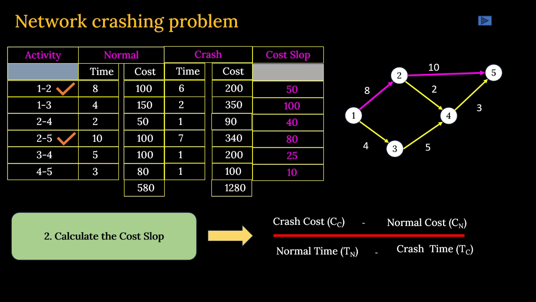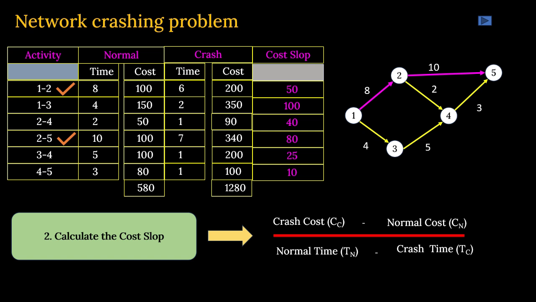Suppose you want to complete the project instead of 18 days, in this project it is 18 days duration, you want to complete it by 17 days. Then you have to reduce it by one day. Then the point is, which activity will be reduced by one day? Is it the critical activity or non-critical activity?